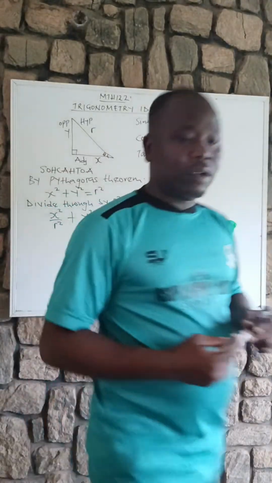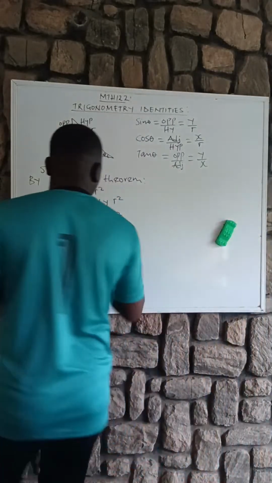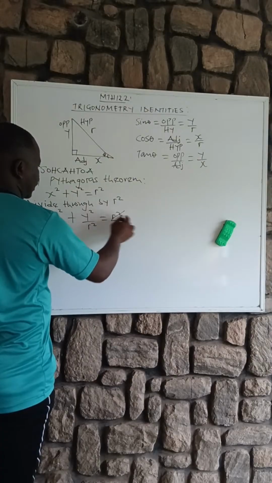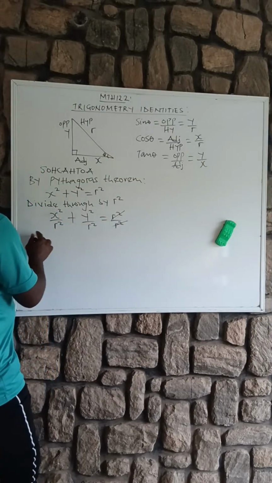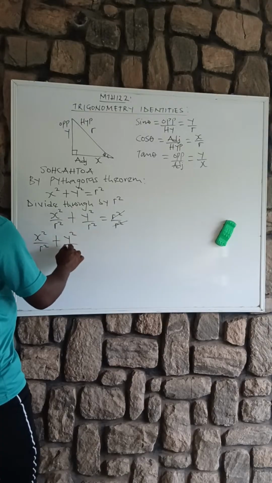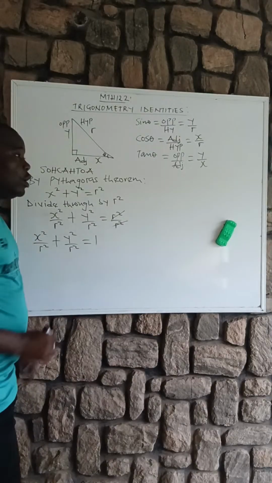Do you agree with me up to this point? Here this cancels this one, true or false? So you can see that x squared over r squared plus y squared over r squared is equal to 1.